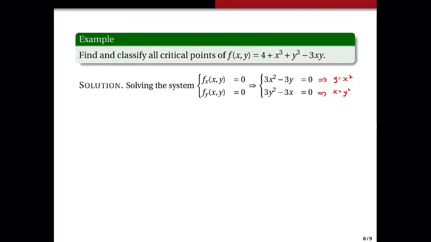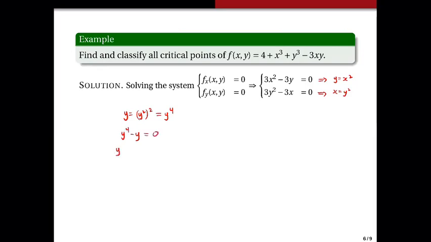So if you do that, let us look at the solutions that you will get. So you will have y equals x squared, okay? But x is equal to y squared. So you will have y squared squared, and this is equal to y to the 4. So you will have y to the 4 minus y equals 0.